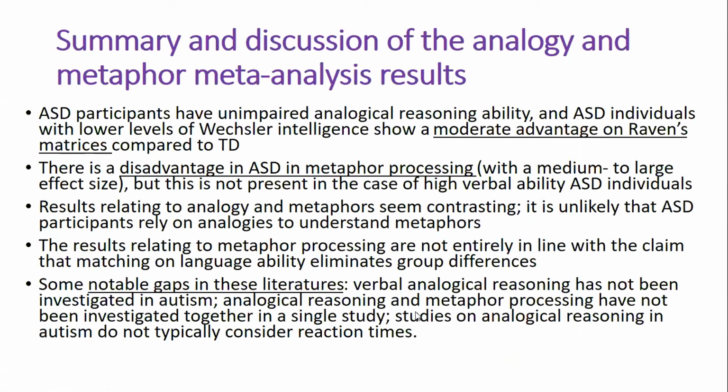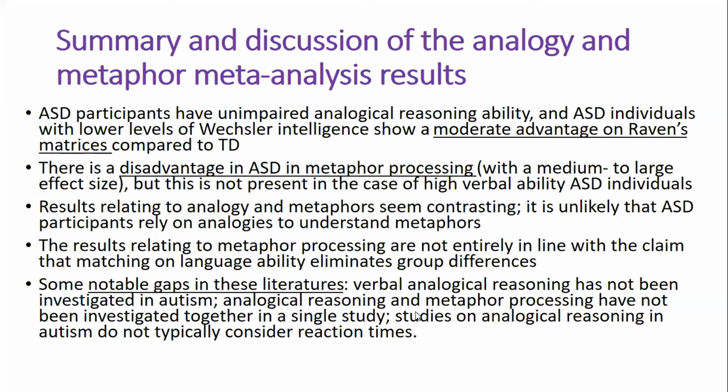Okay, so just to summarize the results of the two meta-analyses. What we can say overall is that autistic participants have unimpaired analogical reasoning ability.